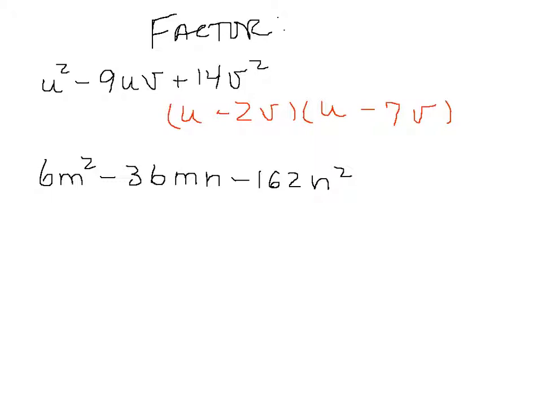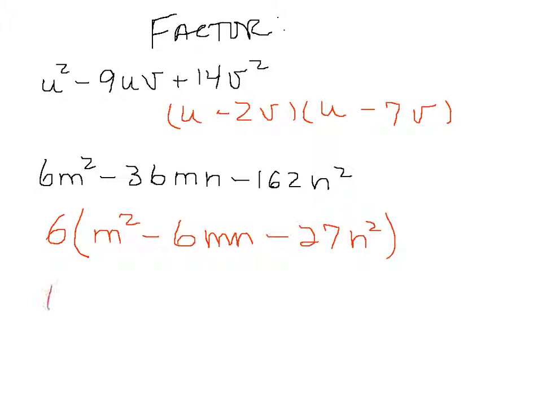When we look at this last one, one of the things you always have to be on guard against is taking out the greatest common factor. In this case, the greatest common factor is a 6. If I take that out, what I'm left with is m squared minus 6mn minus 27n squared. So I leave the 6 alone. Now I want to get m squared, so that's going to be m and m. Then I've got to think about signs.